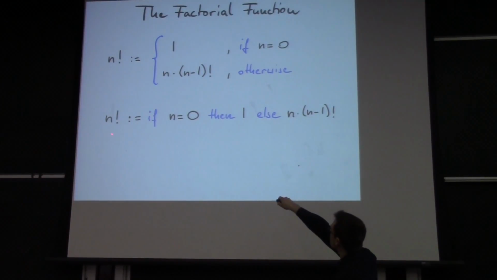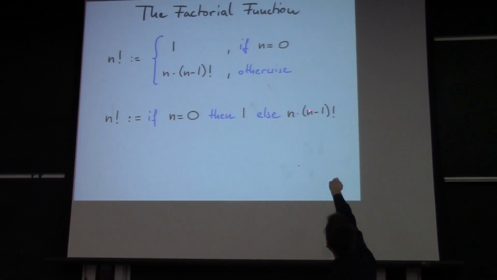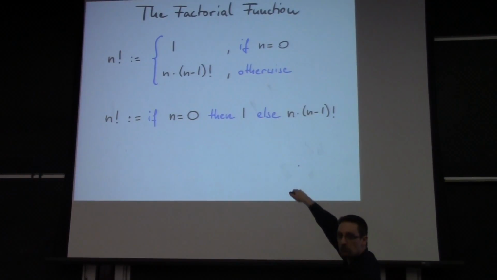This is just another way of writing this definition. Factorial is defined by this expression here, where I say: if n is 0, then I'm going to return 1, and otherwise I'm going to return n times factorial of n minus 1. It's really just another way of writing down the same thing.